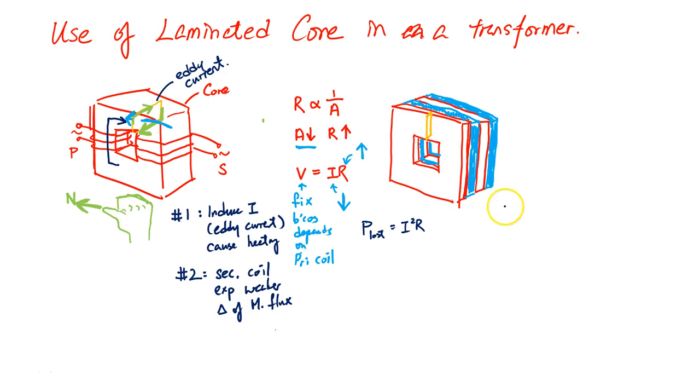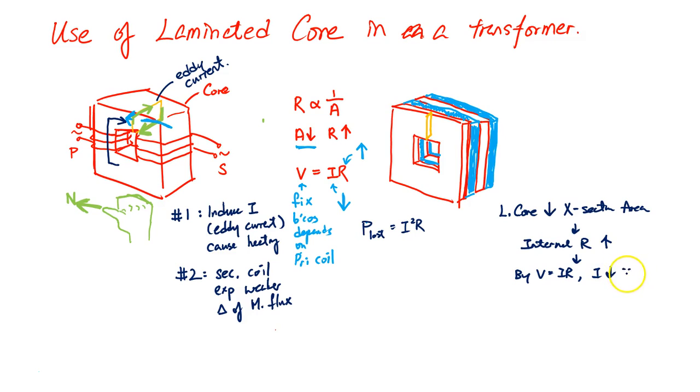So to summarize, what is the function of a laminated core? A laminated core reduces the cross-sectional area, and by reducing the cross-sectional area, your internal resistance would increase, and by V equals IR, your I will drop because your V is fixed and your R has increased.